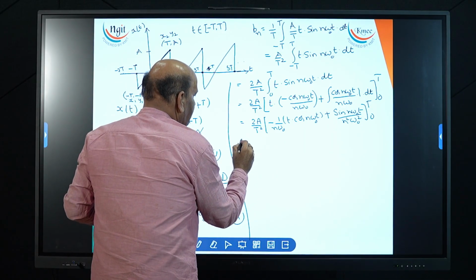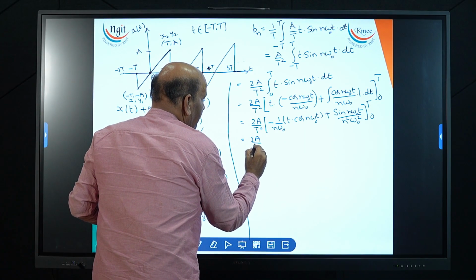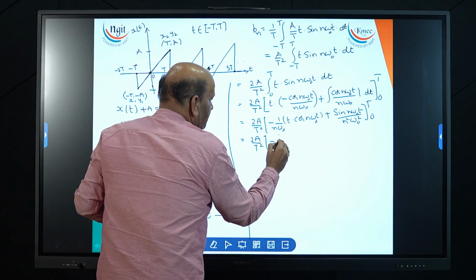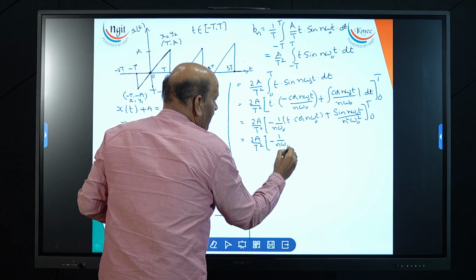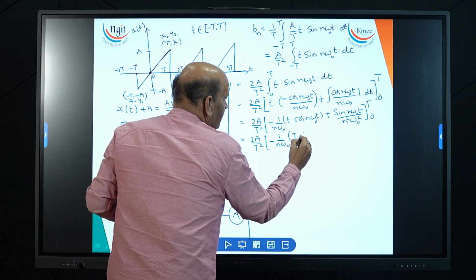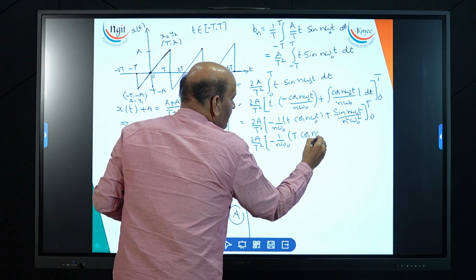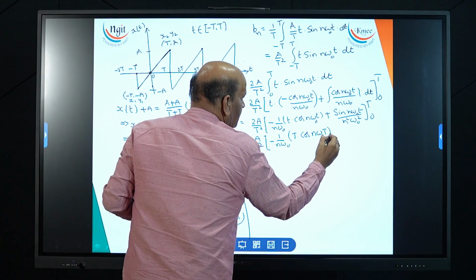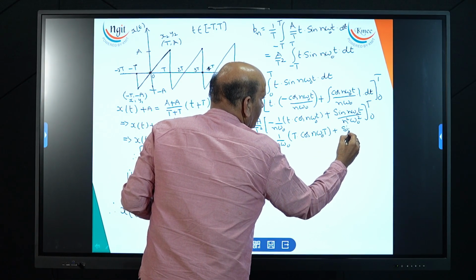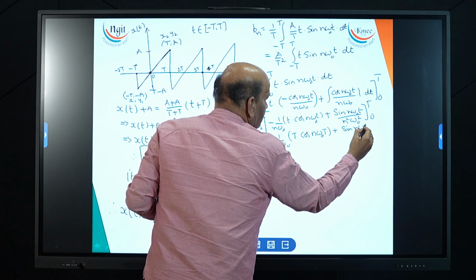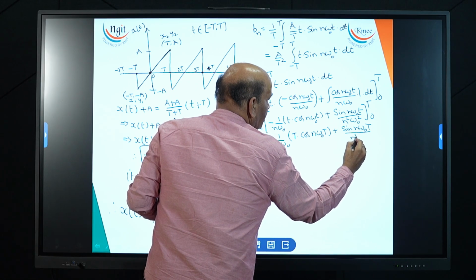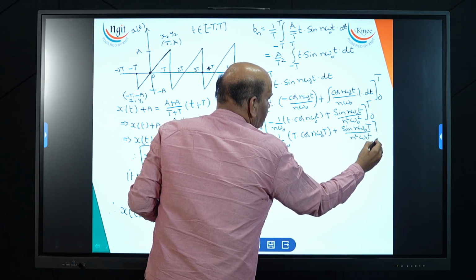Now this will become 2a by T square, minus 1 by n omega naught t, substituting t into cos n omega naught t, plus sine n omega naught t by n square omega naught square.